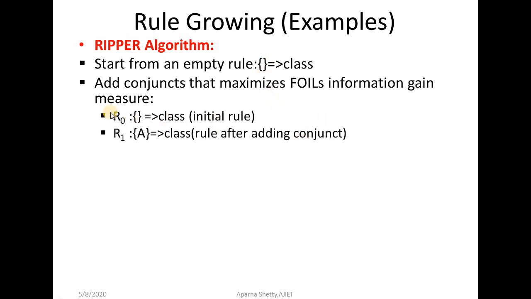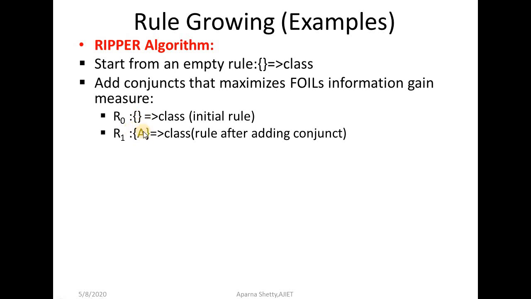Now suppose we have R0. R0 is an initial rule, that is an empty rule that classifies to a given class. Suppose R0 is the initial rule and R1 is the rule after adding the conjuncts. Now suppose to that empty set you have added one conjunct.